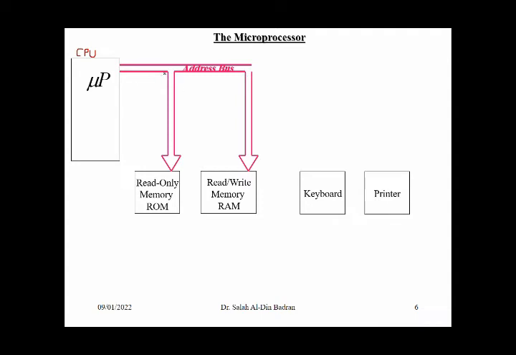This address will go inside the RAM or the ROM to a specific, unique location. MRDC: this is memory, RD stands for read, C for control.